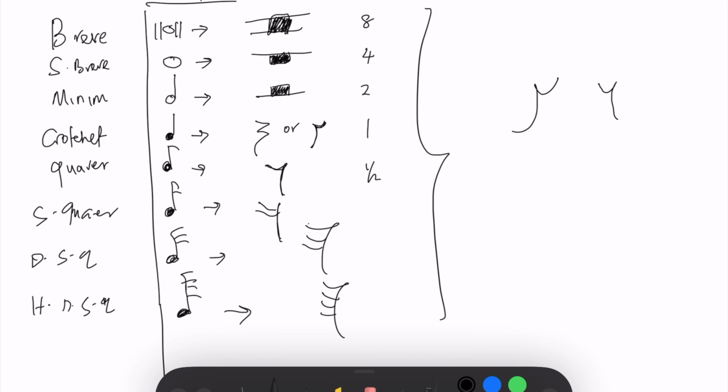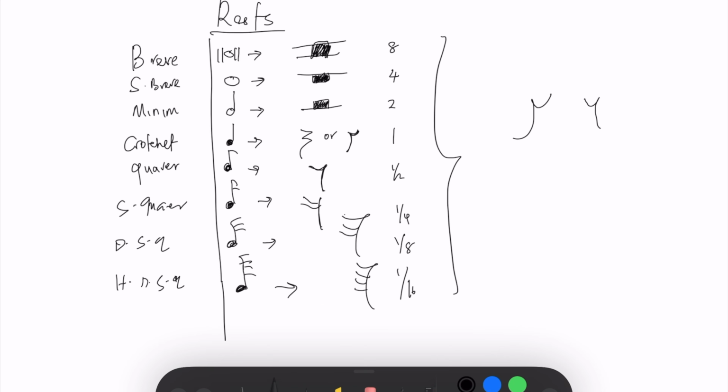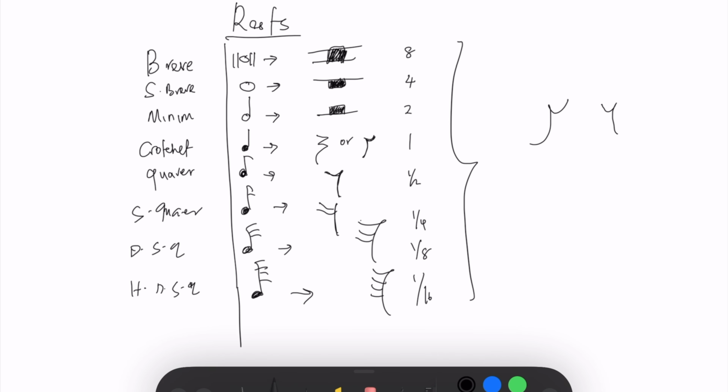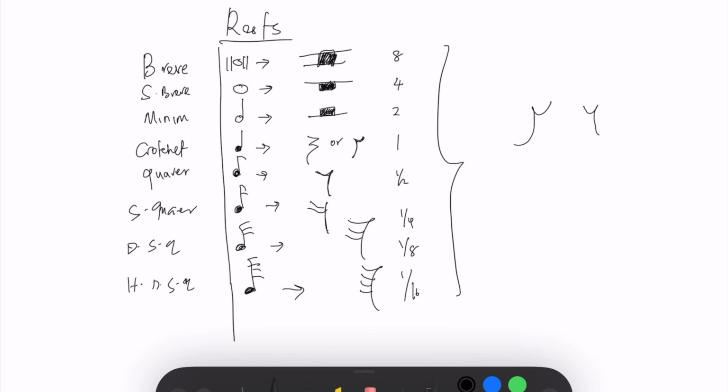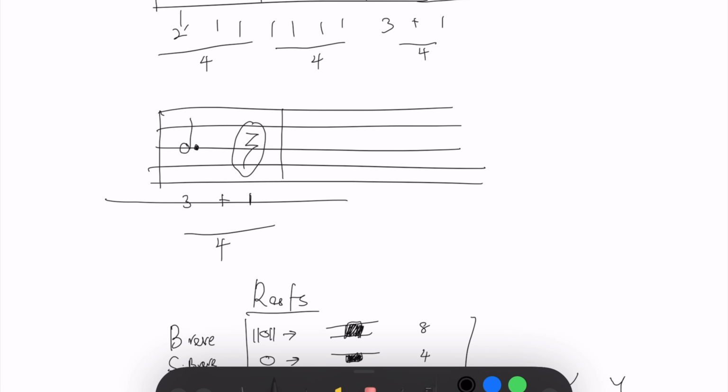This is half, this is 1/4, and this is 1/8, and this is 1/16. That way. So if you see any of these rest signs, you know what they represent now. The same beats as the notes, they also will be observed as rests. I hope that explains what we have here again.